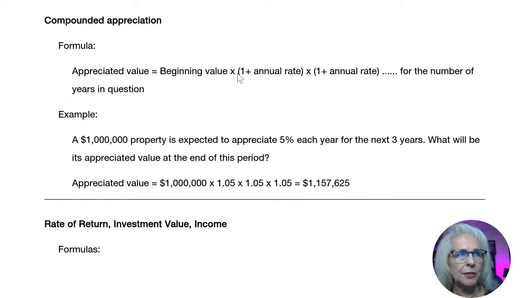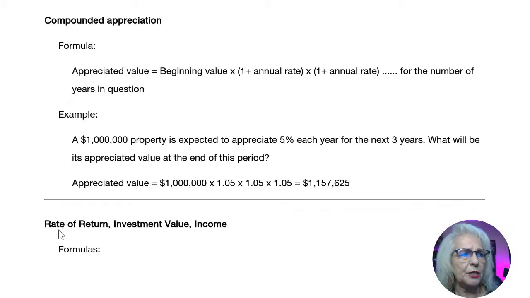So they're using the above 1 plus annual rate 3 times. That gives us an appreciated value of 1,157,625. So it appreciated 157,625 in 3 years. So more than 10%, right? Because 100,000 would be 10% of 1 million.